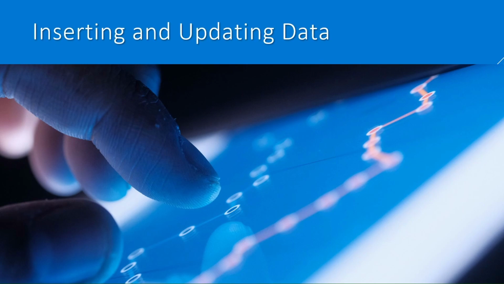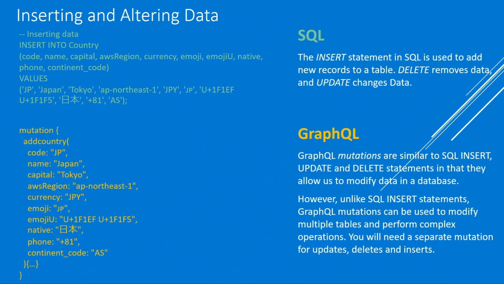Inserting and updating data. In SQL, again, we all know the insert statement, delete and update. Basically, you cover all the CRUD use cases here: create, read, update, delete, list. We talked about querying before, but here's basically how you're writing data, right? In SQL, you have multiple operations, but in GraphQL, there's only two. Queries to read data, mutations to write data. And GraphQL mutations are very similar because you just provide arguments, right?